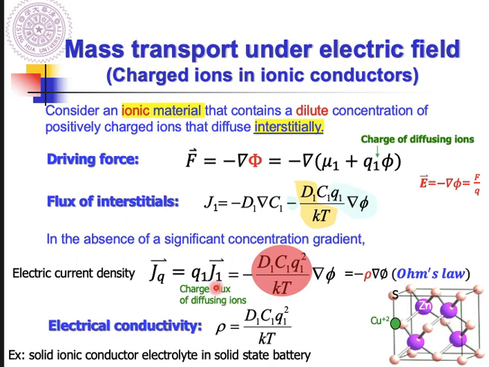If we further assume there is no concentration variation of this copper ion along the material, we only have the term contributed by the electron flow. So we directly multiply by the charge and get this relationship.